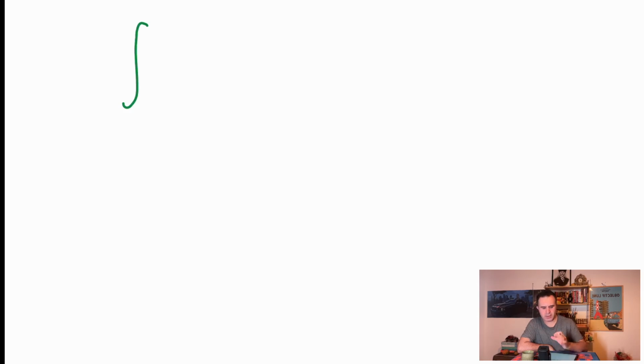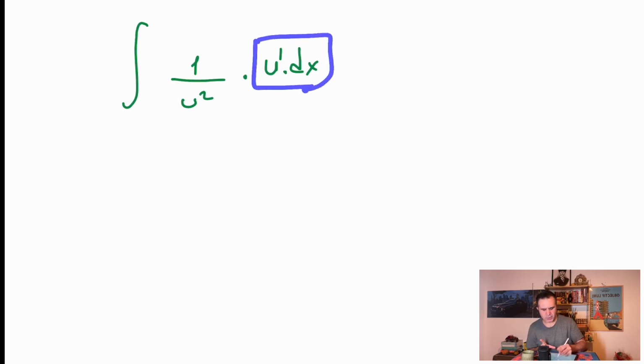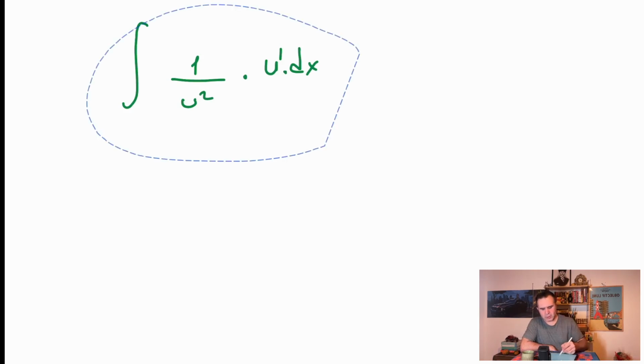This u may be u square, u cube, or square root of u, or 1 over u square, 1 over u cube, etc. And we need also its derivative multiplied by dx. What is important here is we have a function of u and its derivative multiplied by dx. Then we can use the substitution method.